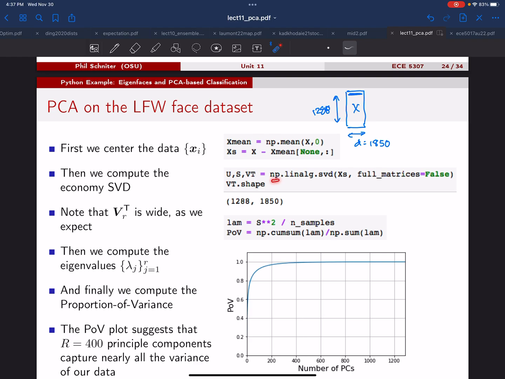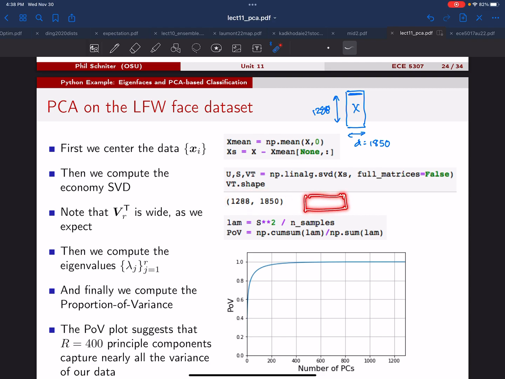We use NumPy linalg SVD. We say full matrices equals false to get the economy SVD. We plug this in. And different from MATLAB, which would return U, S, V, NumPy returns U, S, V transpose. So that's why I named this variable VT. To verify that this is V transpose, we'll plot the shape of it, and we see that V transpose is a wide matrix.